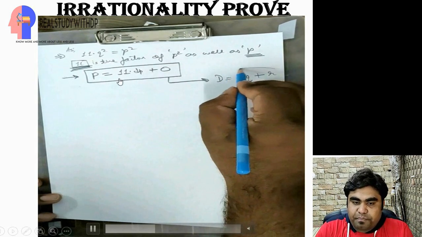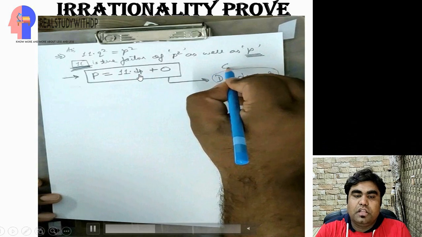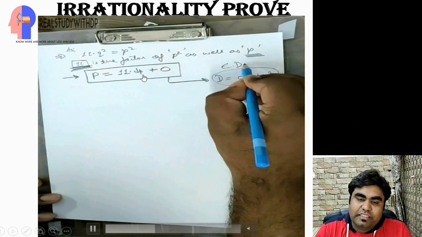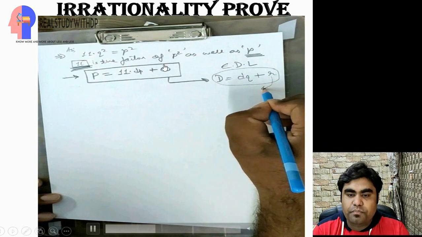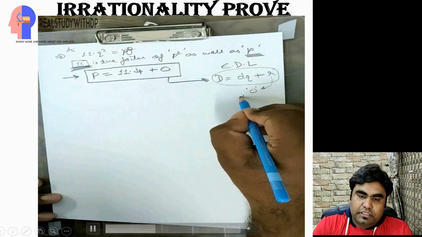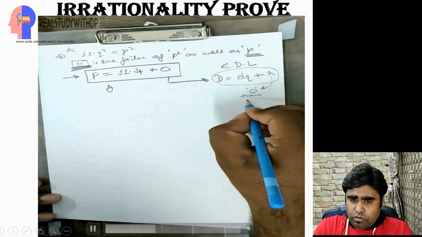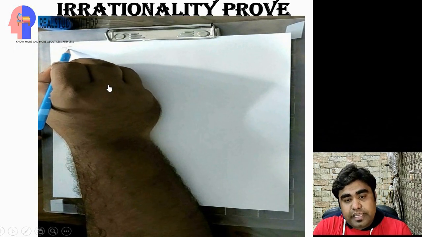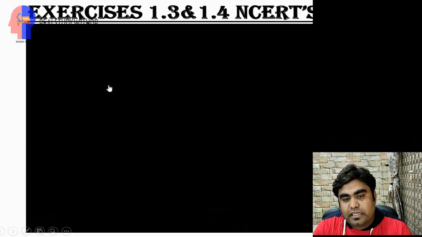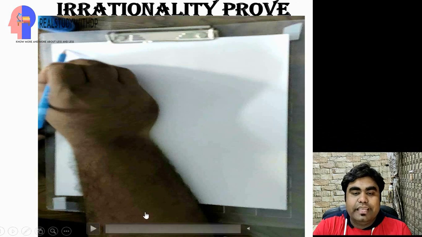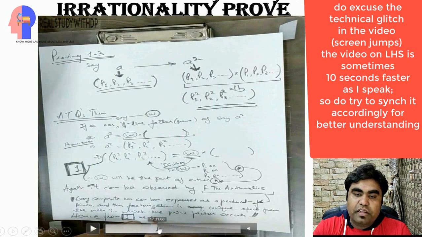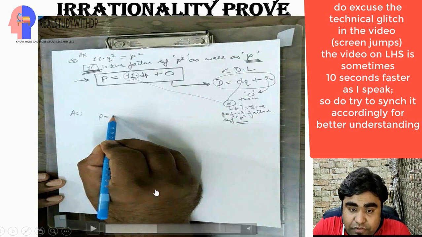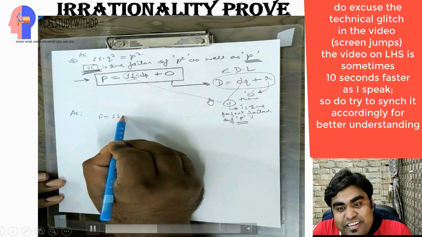Moving on. If 11 is a factor of p, then we can write it like this: p equals 11 times some number, any number. Now how does this equation come about? Consider p as a dividend, 11 as a divisor, and dp as the quotient. As 11 was a factor of it, that means the remainder is going to be 0.